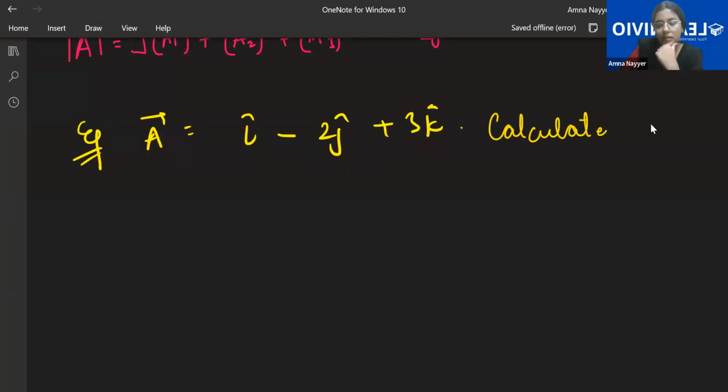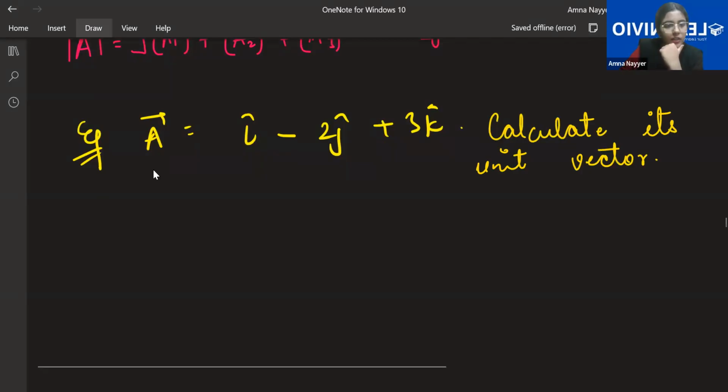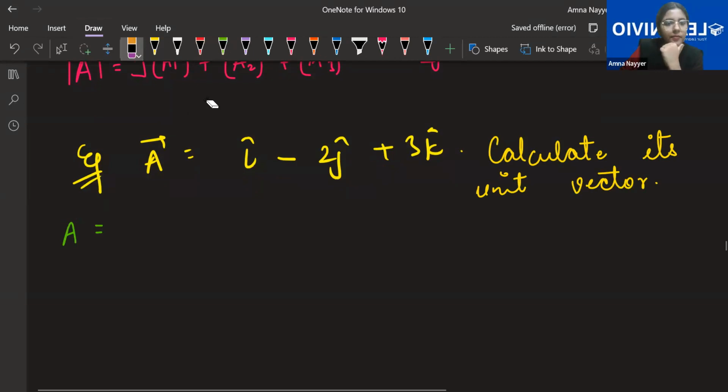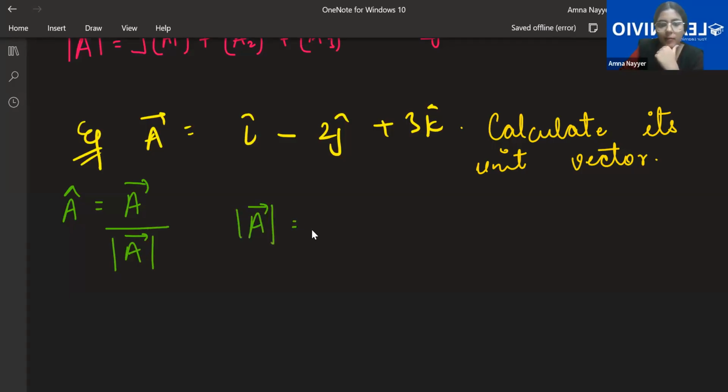See, for making the unit vector, you take the vector as it is and divide it by its magnitude. So for that, we require the magnitude in the first place. So Aisha, tell me, how will I write the magnitude of A?